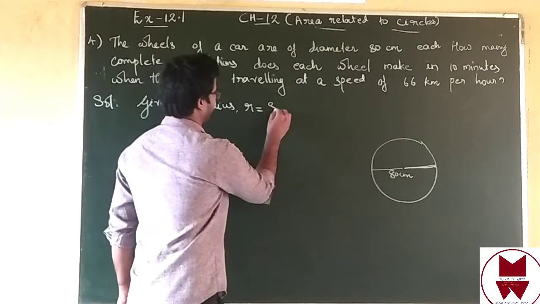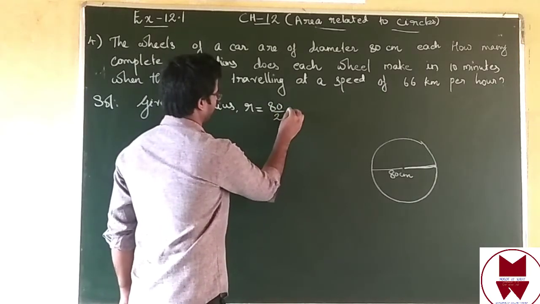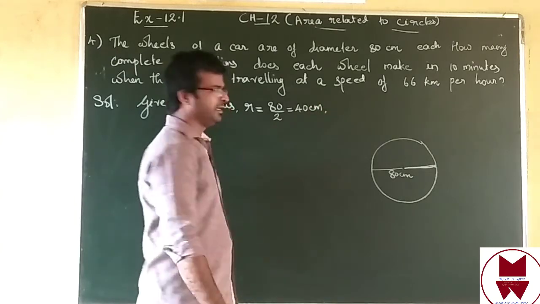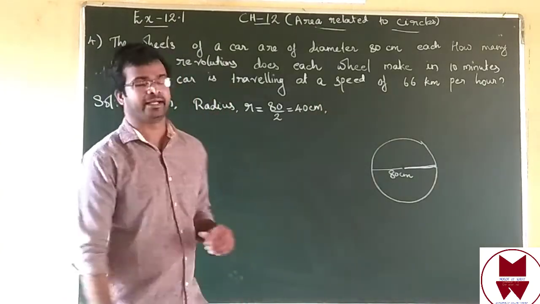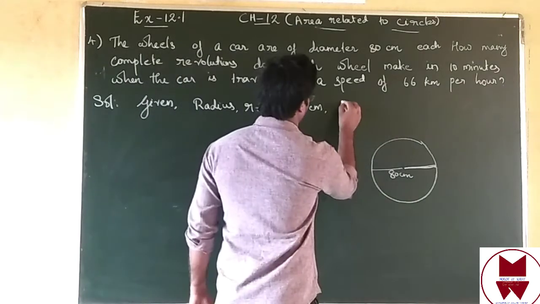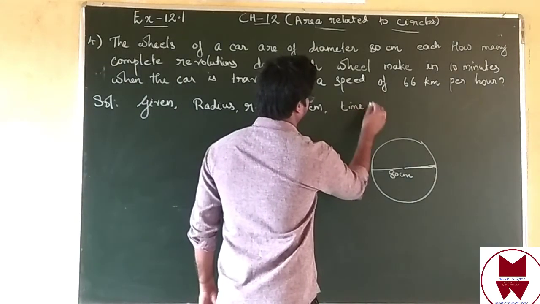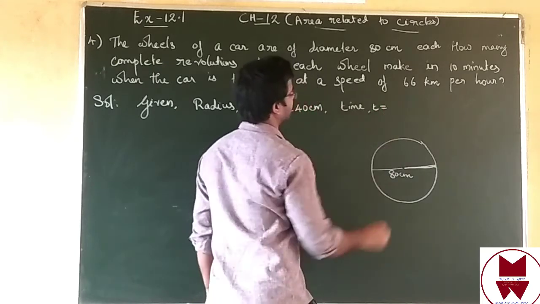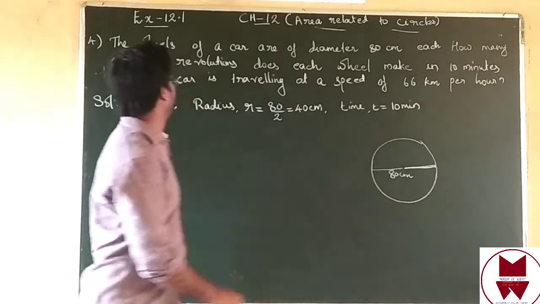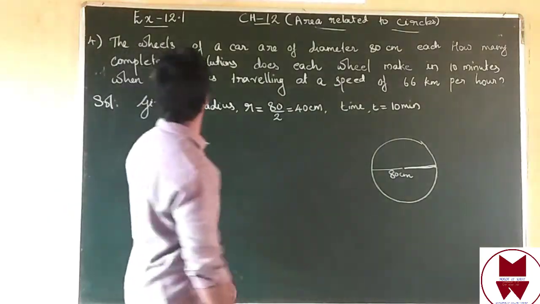We can write 80 divided by 2 equal to 40 centimeter, that is the radius of that wheel. Then time is given. Time T equal to 10 minutes.